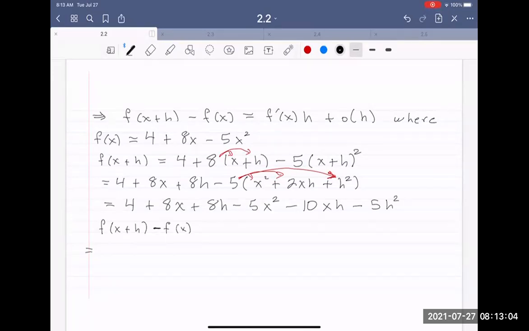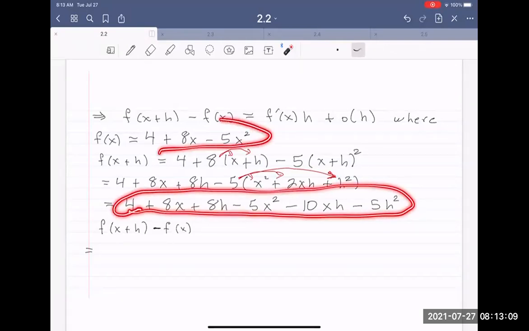So it's just going to equal this minus this.